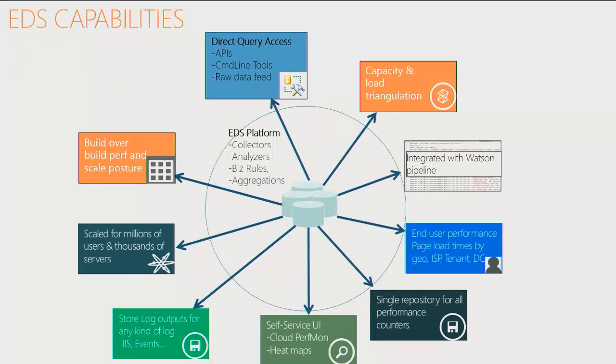If we add 10,000 more machines, the elasticity with which we are able to expand this platform goes along with it. One of the things after that, which Bob will be talking about, is how we do build over build measurements. And as you might have seen from our deployment talk, we are very agile in how we take builds from the dev check-ins to the actual worldwide, to our dogfood environments and so on.